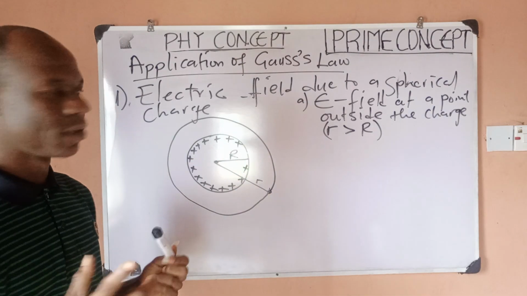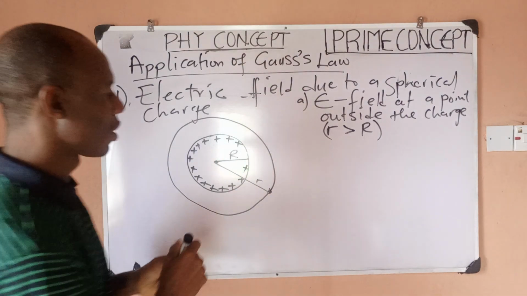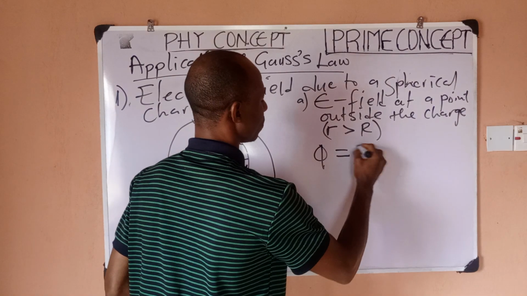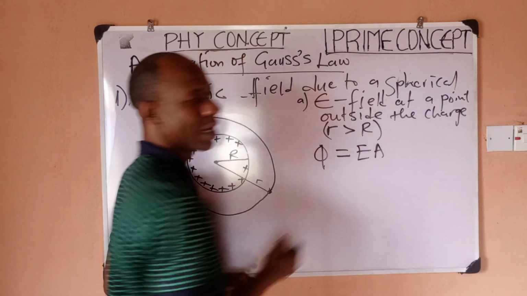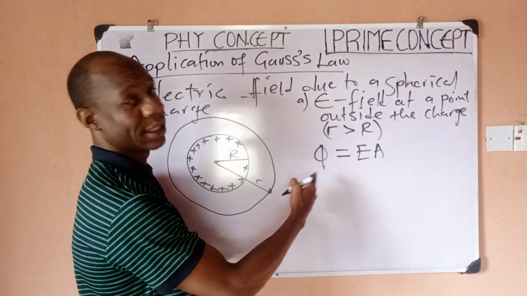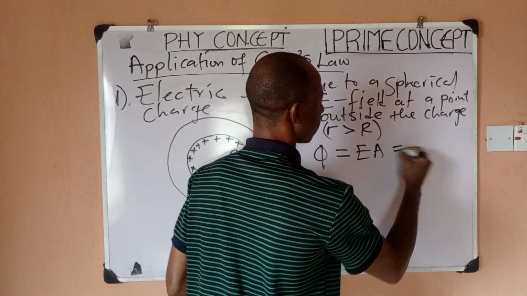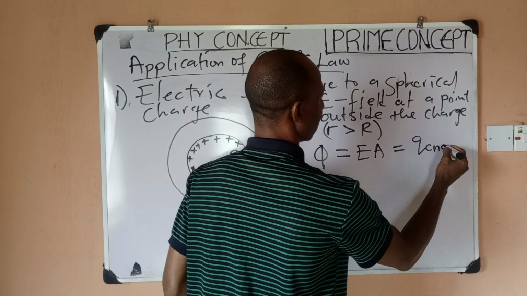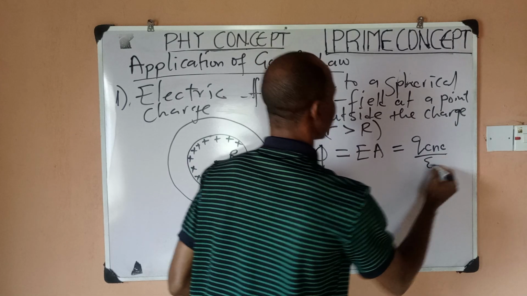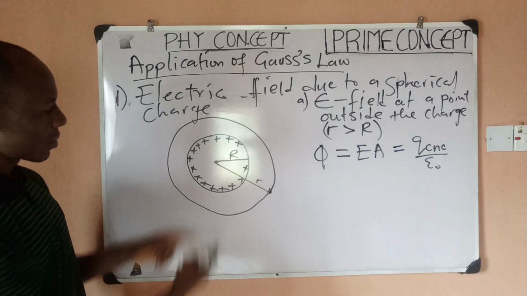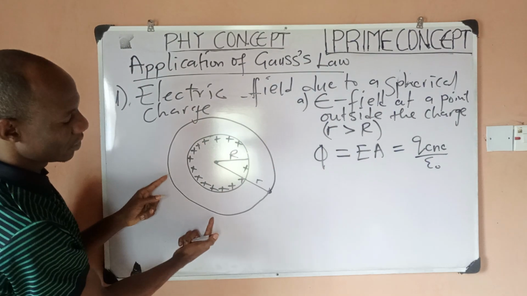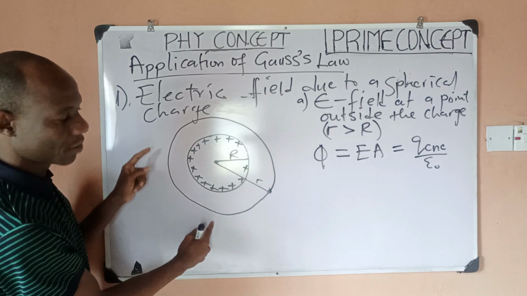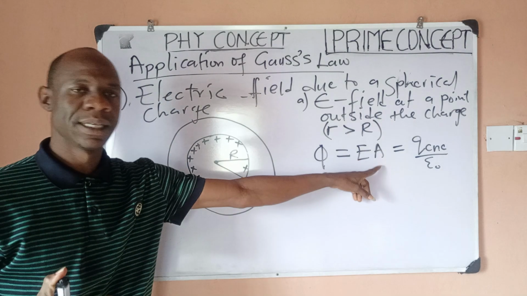So the electric field, if you recall, Gauss law says that phi is equal to EA, right? And then phi again, which is flux, is also equal to the charge enclosed divided by epsilon naught. Now, since the surface we are using to enclose this charge is a spherical surface, you know the area of a sphere.